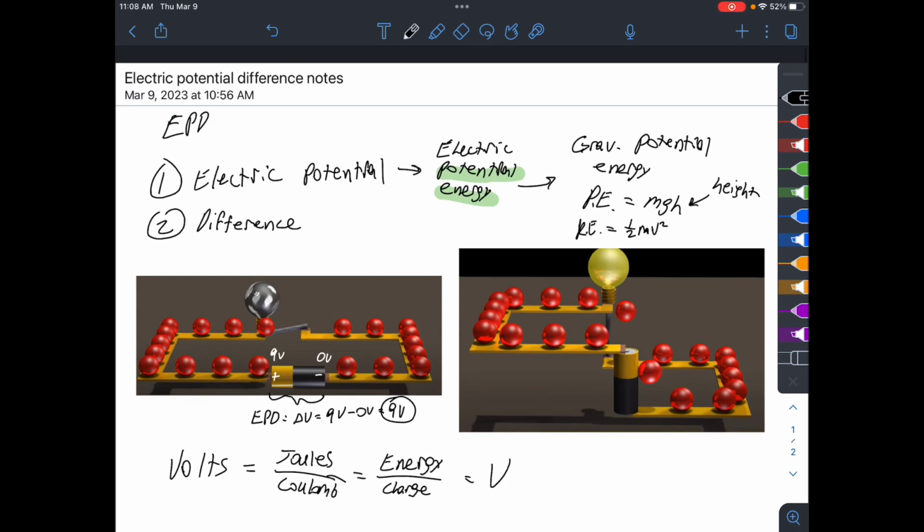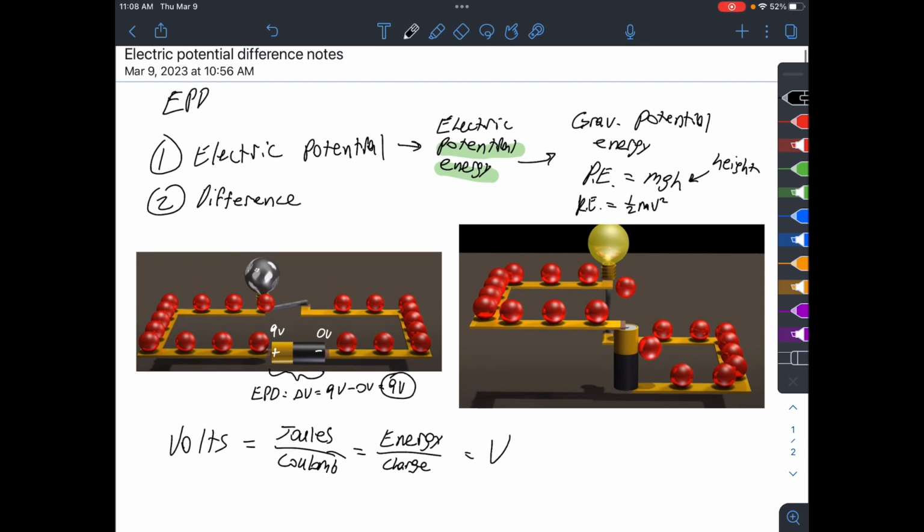And again, volts and electric potential difference are kind of used interchangeably. Voltage and EPD. So I think the rule of thumb would be, if you're asked about a voltage, say across the light bulb, you are really talking about this difference in electric potential energy here.